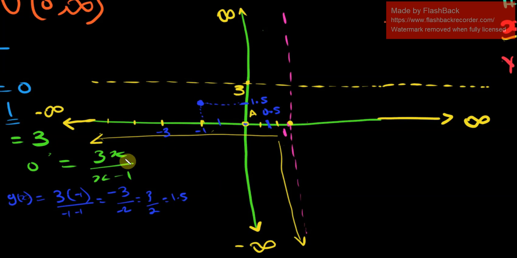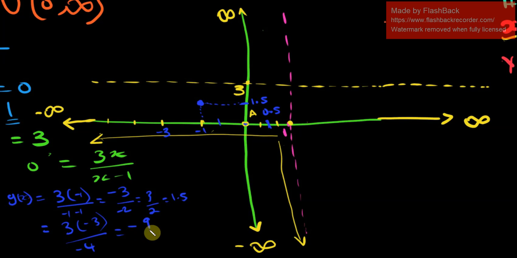Now x is -3. That's -3 multiplied by -3, divided by -3 minus 1, which is -4.